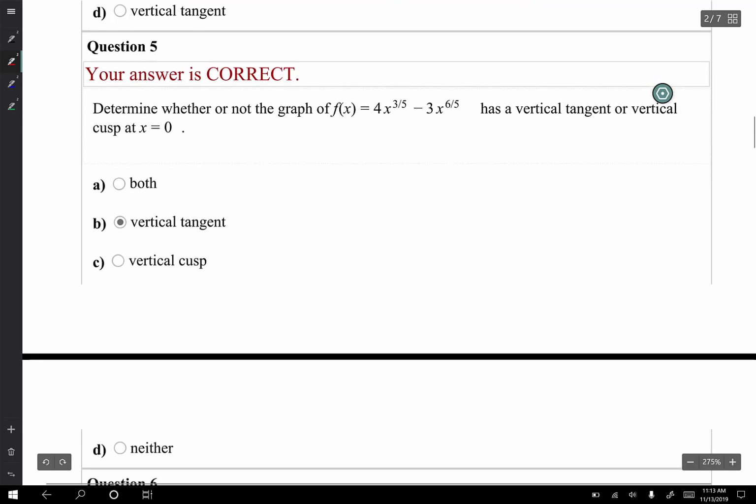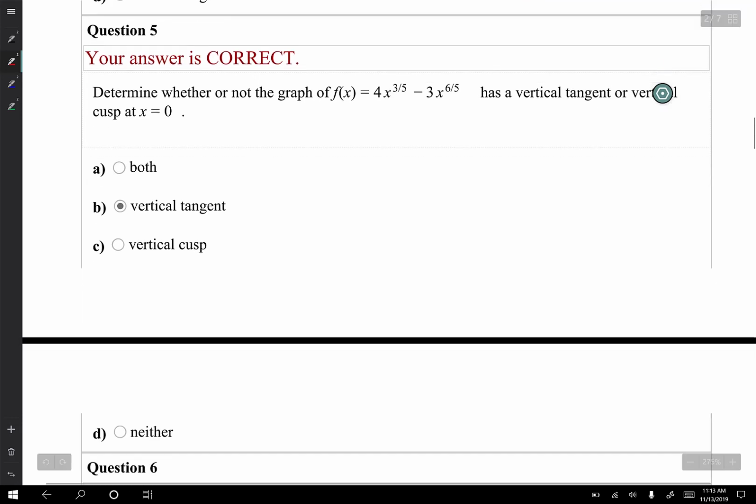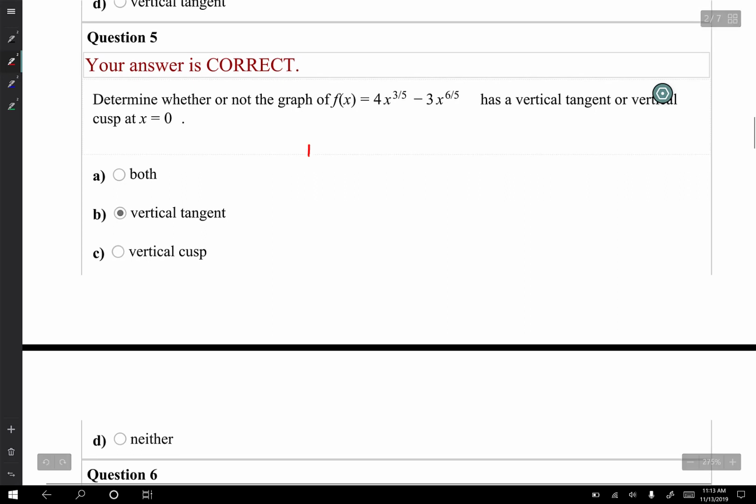Determine whether or not the graph of this function has a vertical tangent or vertical cusp at 0. So I'm going to take a derivative. Let's see, 4 times 3 is 12, so 12 over 5 x, and I subtract 1 from the exponent 3/5, so that's going to be negative 2/5.